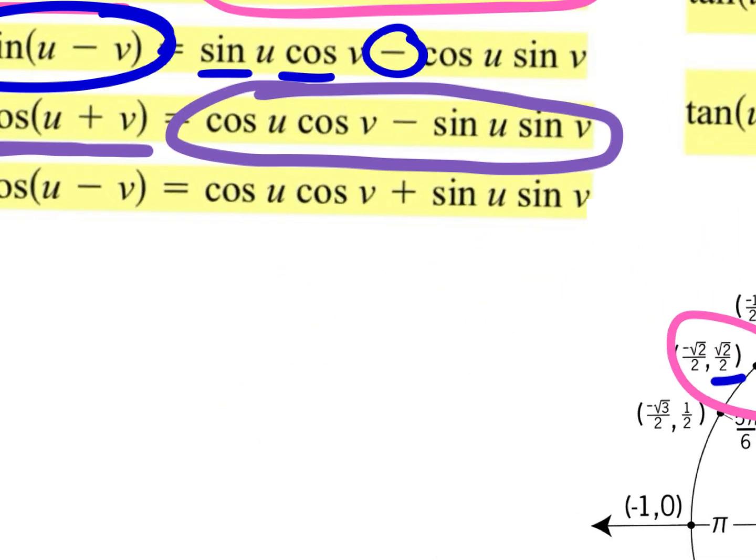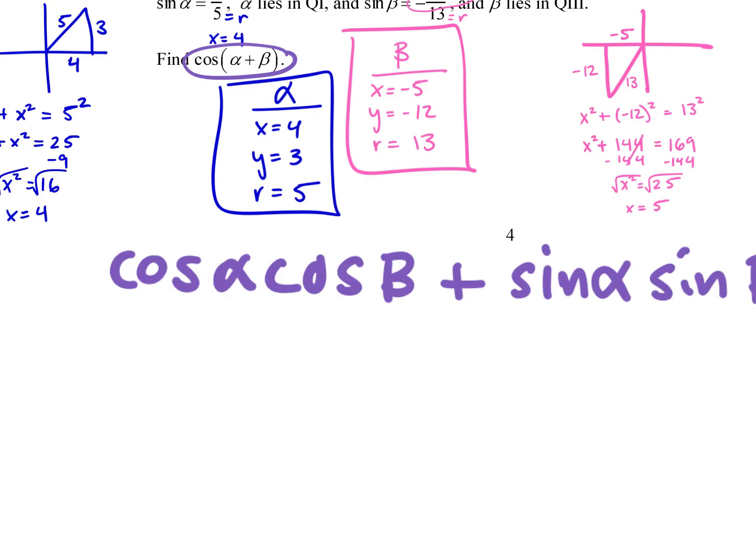If you want to just make the u's your A and the v's your B, you could do that. Or just make your A and B u and v. It's the same thing. It just uses different letters here. So let's plug everything in.